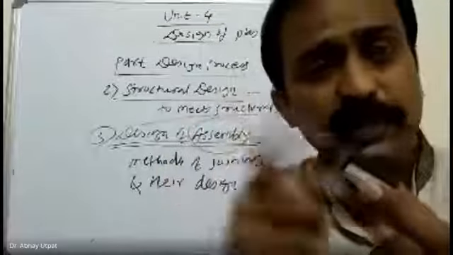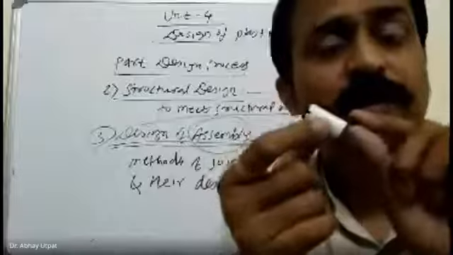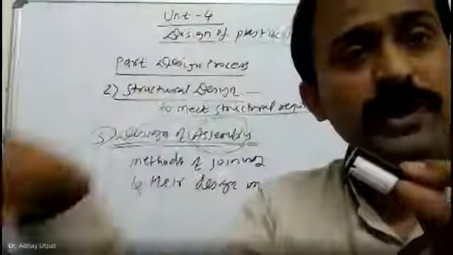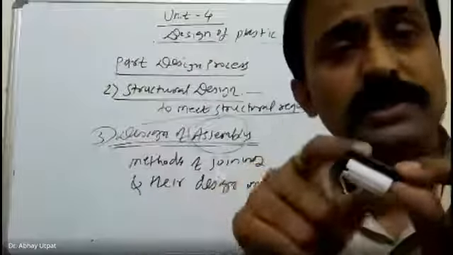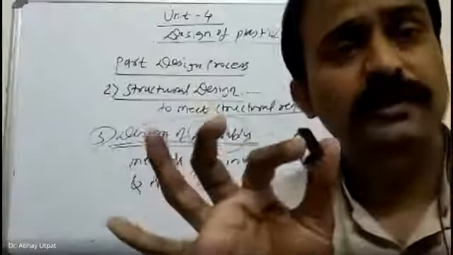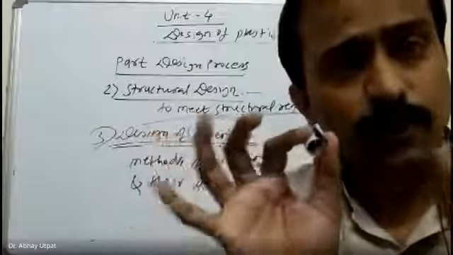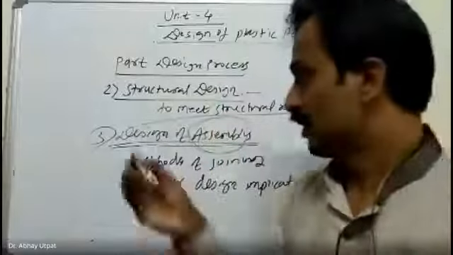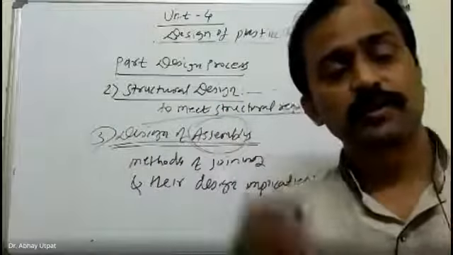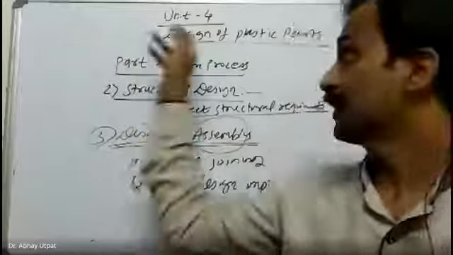If you want to fix this black part with the white part, what kind of joint design do you have to make? Which type of welding will you select? How do you design this joint? Will it fulfill its requirement? Are you getting my point? So all these concepts are design of assembly. Everywhere, the topic name is part design.